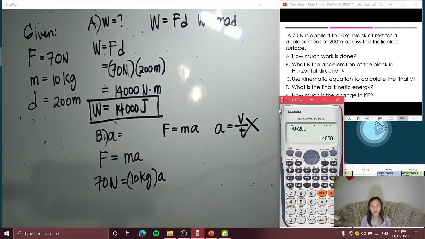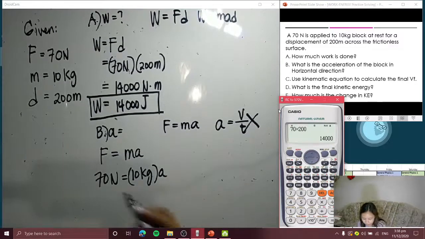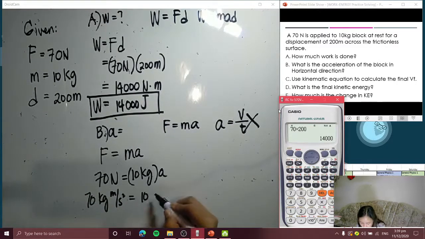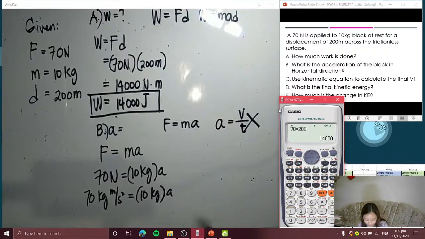So in order for us to cancel the units, we have to expand the unit of newton. So we have 70 kilogram meters per second squared is equal to 10 kilograms times the acceleration. After that, divide both sides by 10 kilograms.